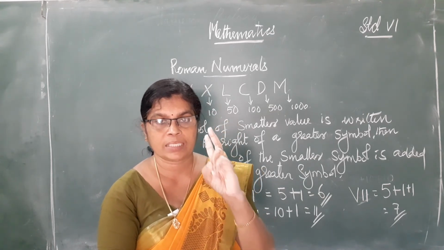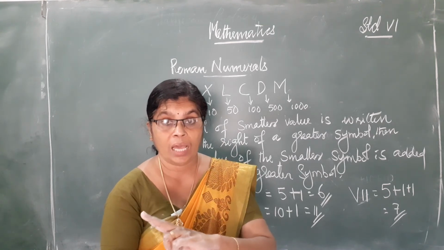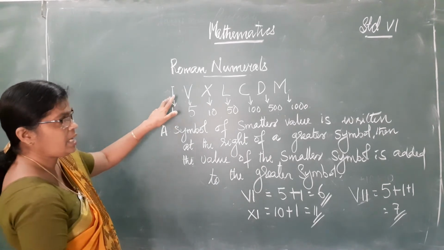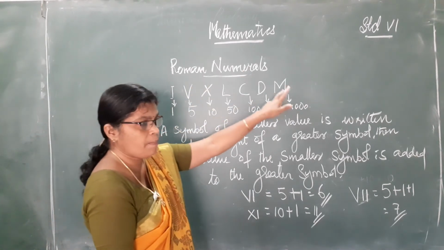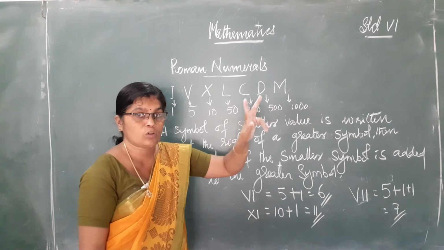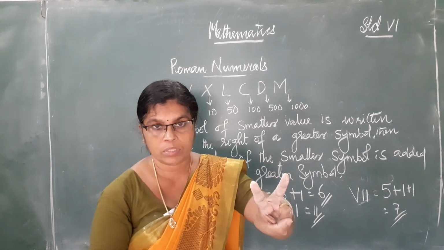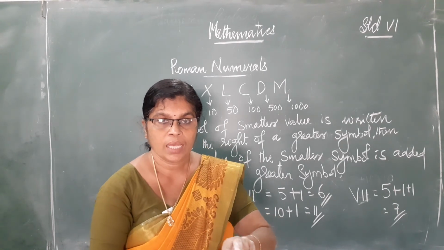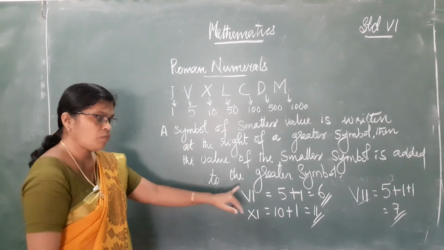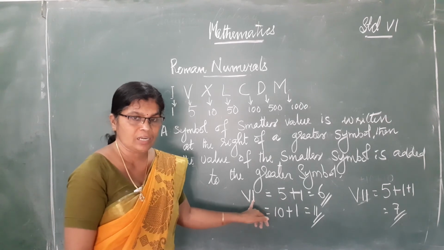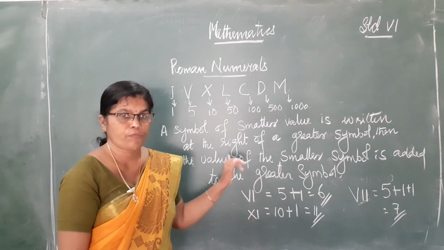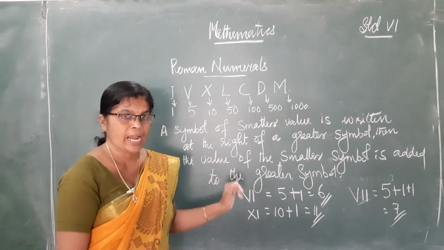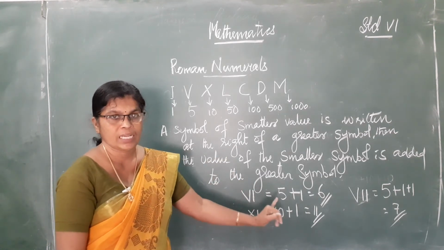V, L and D are not repeated, which means I, X, C, M can be repeated, and that also only 3 times, not more. Then the symbol of smaller value written to the right of a symbol of greater value has its value added to the greater symbol.